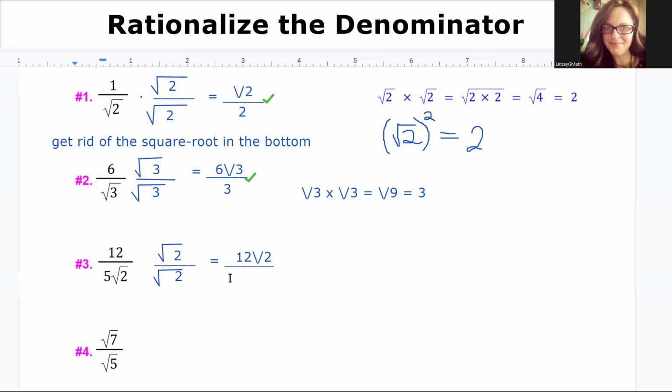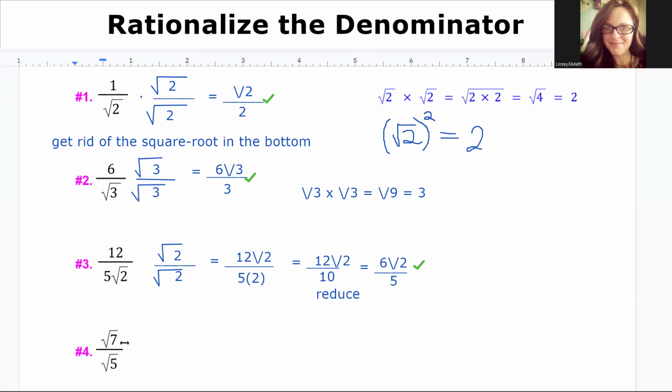And in the bottom, we get 5 times square root of 2 times square root of 2 is 2. And then we will multiply the bottom and we get 10. And then we can reduce 12 over 10. We can divide the top and the bottom by 2. 12 divided by 2 is 6. And 10 divided by 2 is 5. Rationalized.